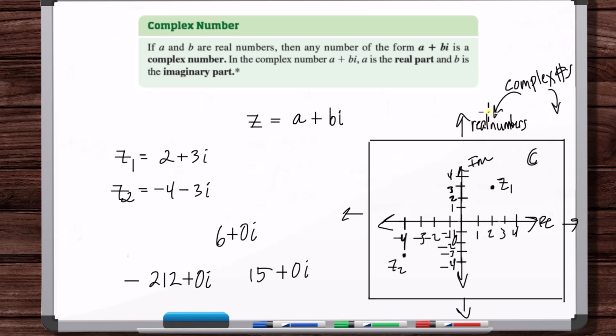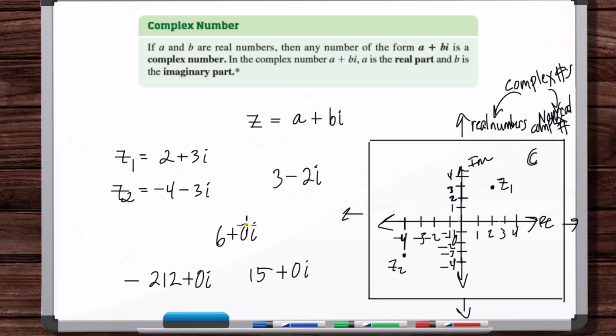So, these 6 plus 0i and minus 12 plus 0i and 15 plus 0i, you just call that a real number, or maybe a real complex number. But what you would call something like 3 minus 2i, you call that a non-real complex number. And then some more terminology is that every number that exists in the entire universe of mathematics currently is a complex number.